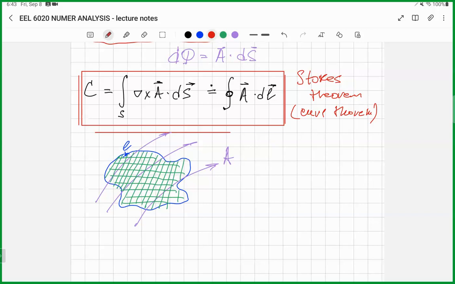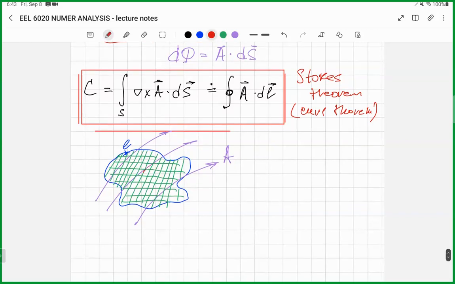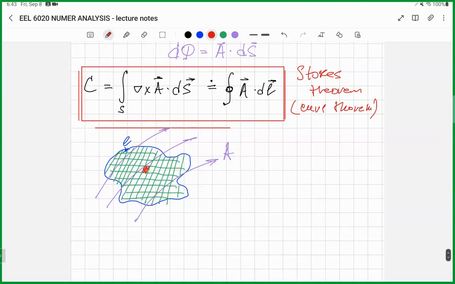I can find the flux of the curl through each pixel, through these mesh cells. And then, since flux is a scalar number, it's additive, right? So we can just sum up all the fluxes through all these pixels, and the result will be the same.